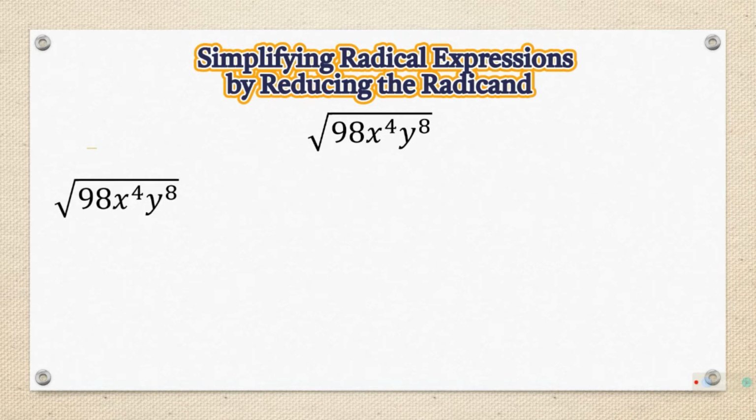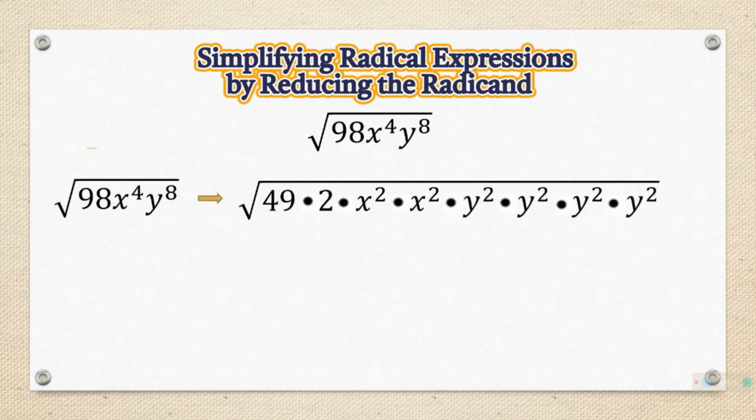98 can be factored as 49 times 2, and x raised to 4 can be factored as x squared times x squared. Same with y raised to 8 can be factored as y squared times y squared times y squared times y squared. As you can notice, we factored the variable with the exponent same as our index.